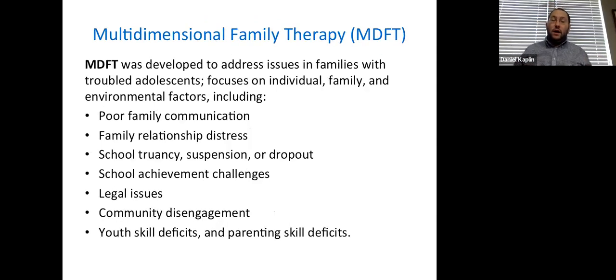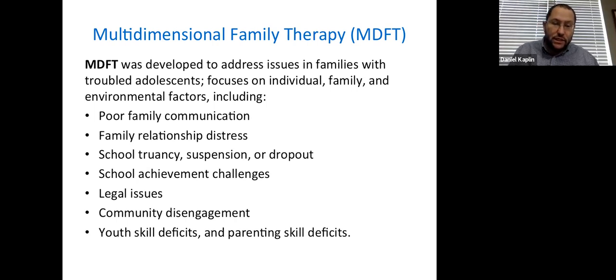So now there's also multidimensional family therapy, which acknowledges the interaction between the individual, the family, and the environment, right? So when you see families go awry, it could be due to communication. It could be due to relationship conflict. It could be due to something going on at school, whether it be violence or interpersonal, whether it be achievement-based.